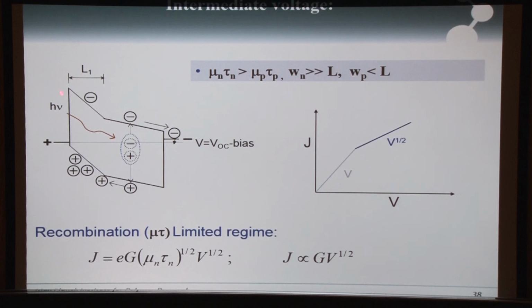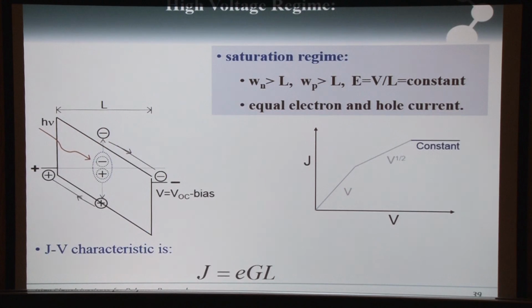And then at some point, when the fast carrier can move through the sample without being lost, without recombining, it will change from slope 1 into a slope half. Now I can go then to even higher voltages. Then I extract both holes and electrons without recombining. So that's the ideal solar cell, there's no loss. And then I get a constant current.